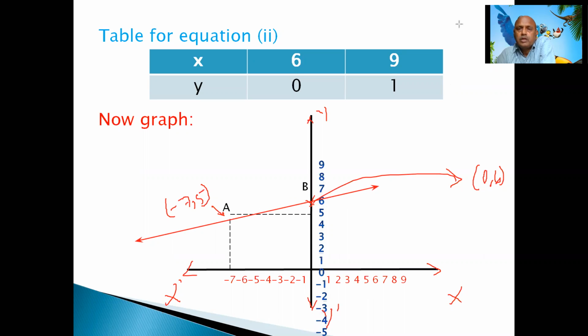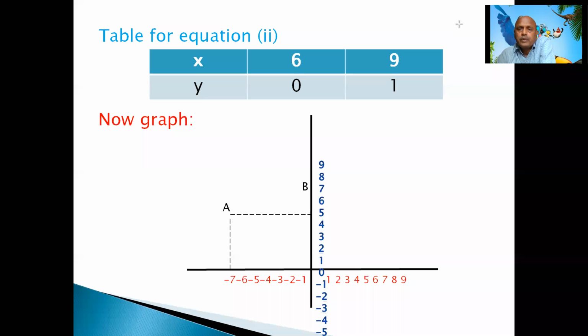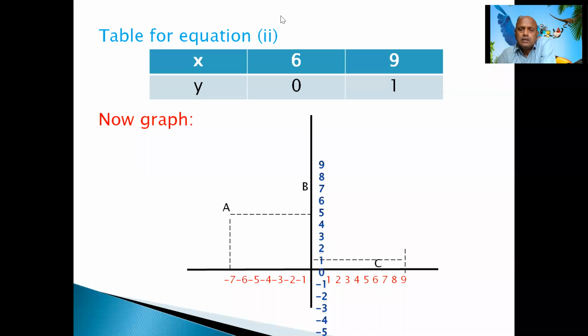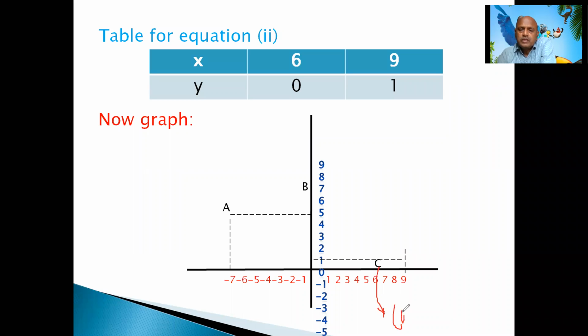Same way you have to draw. This is the point C, that is 6, 0. Coordinate of point C is 6, 0. And coordinate of D is 9, 1.